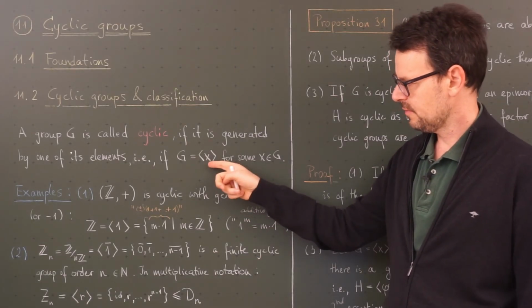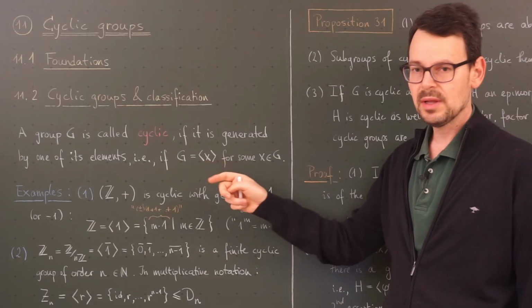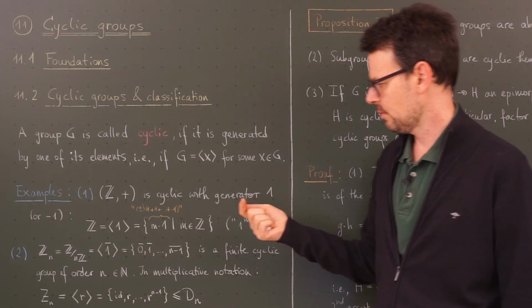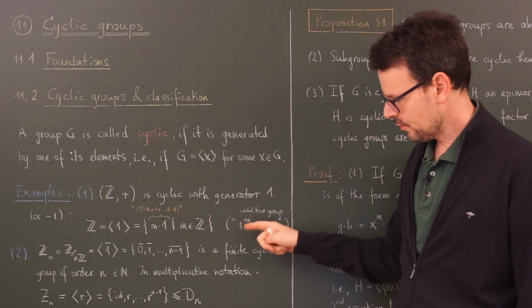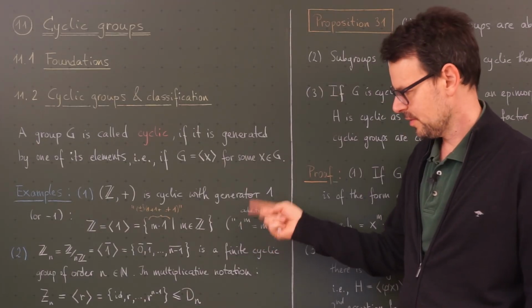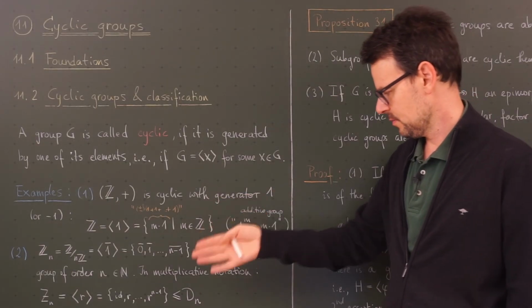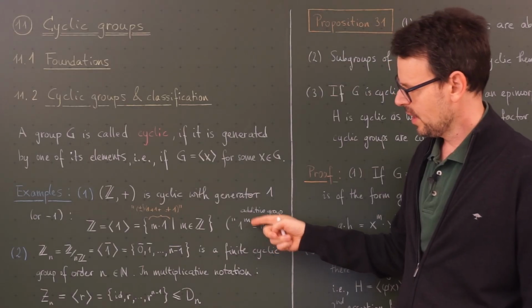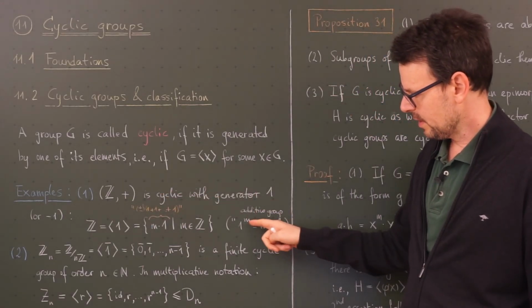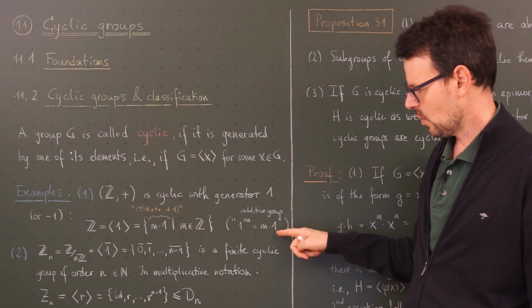So the elements of this group here in general are the powers x to the m, where m runs through the integers. Here, of course, 1 to the m is not what we want to write, because first of all, this would always be 1 if this were the normal exponentiation, but also because we are in an additively written group, so we write this here as m times 1.